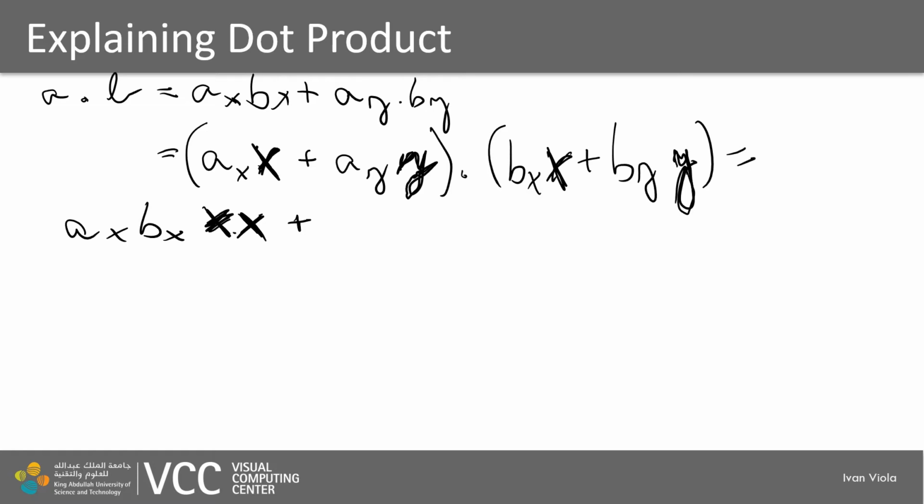It is x magnitude times x magnitude times cosine phi, which is 0. Cosine of 0 is 1. This magnitude is also 1. So x dot product with itself is equal to 1.